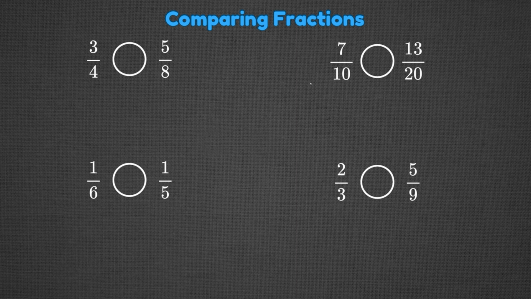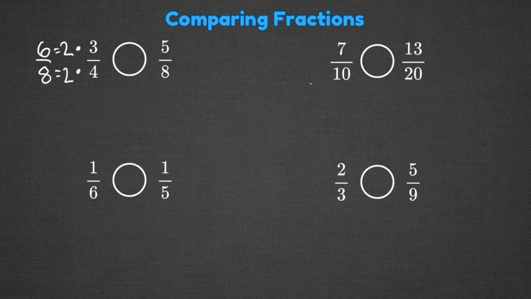My work is already done on the right, so I am going to turn this into eighths by multiplying the top and the bottom by the same number. The reason I do that is because this is an equivalent fraction. 6/8 is equal to 3/4. I just made it 2 times bigger on the top and 2 times bigger on the bottom.